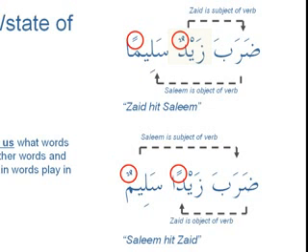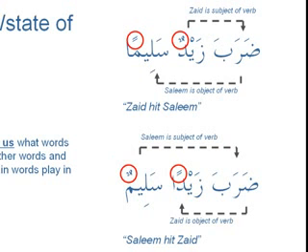The dhammatain is indicating that Zaid is the doer of the verb, whereas Saliman, the fathatain, is indicating that Salim is receiving the verb, the action done by the verb, i.e. he is the object. So that's why Zaid hits Salim.